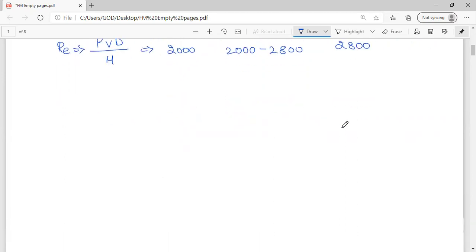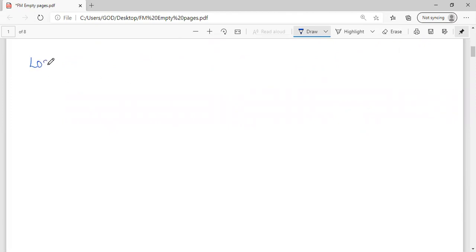Now coming to the next topic, losses in the pipe. There are two types of losses majorly we observe inside a pipe. One is major loss, one more is minor loss. Major loss is due to friction, and minor loss is due to bends, and many reasons are there for minor loss.